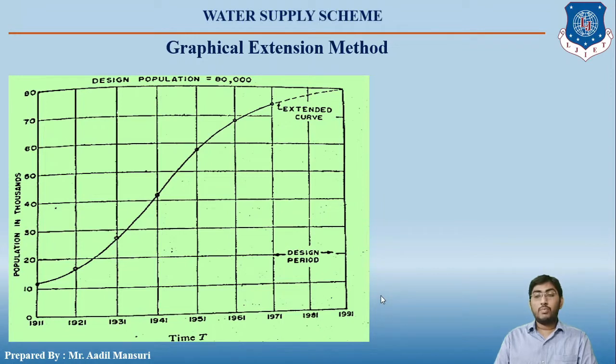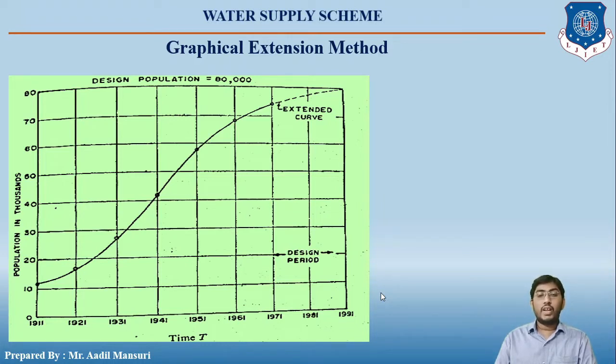Now the shape of the population curve is obtained up to the present period. For example, the present period is 1971. We now need to find out the population in the years 1981 and 1991. So the curve is carefully extended from the present to the future decades. You can see the dotted line.